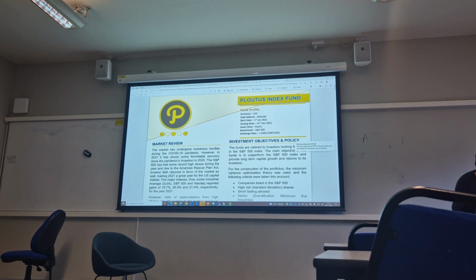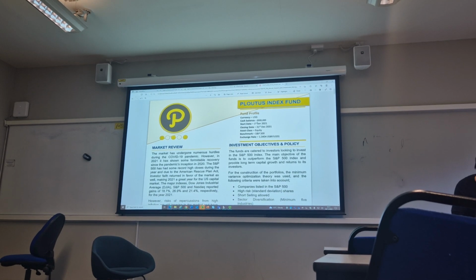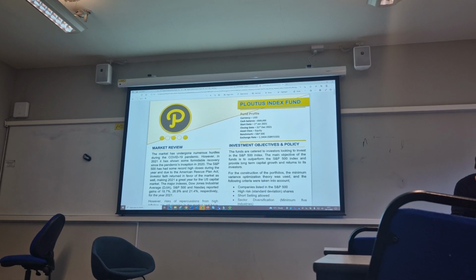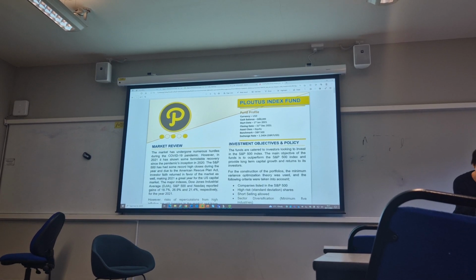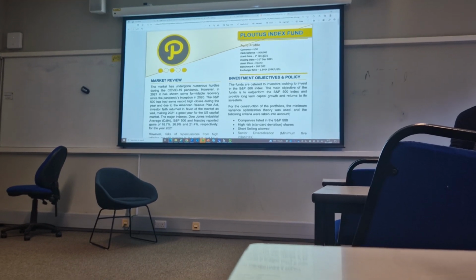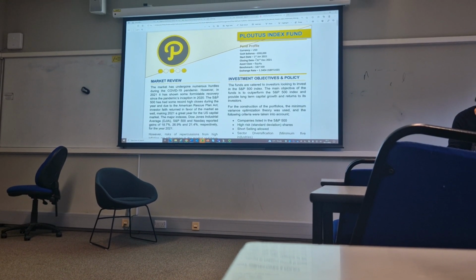Then the fund profile: what kind of currency it is traded in and the total balance of the fund. Then the start trading date and closing date, but we don't have to put a closing date there.